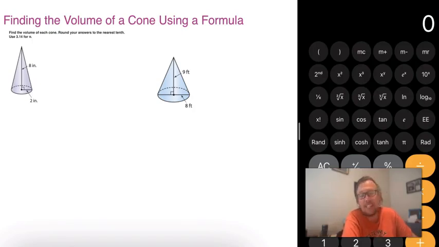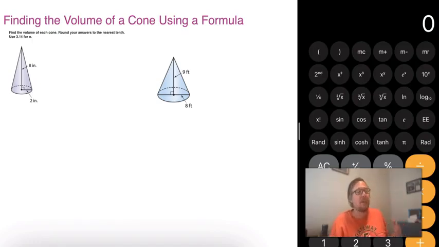The formula that we need to know for a cone is actually very similar to the formula that we used for a cylinder, which makes a lot of sense because the base or the bottom of a cone is the same shape as the bottom of a cylinder. It is a circle.